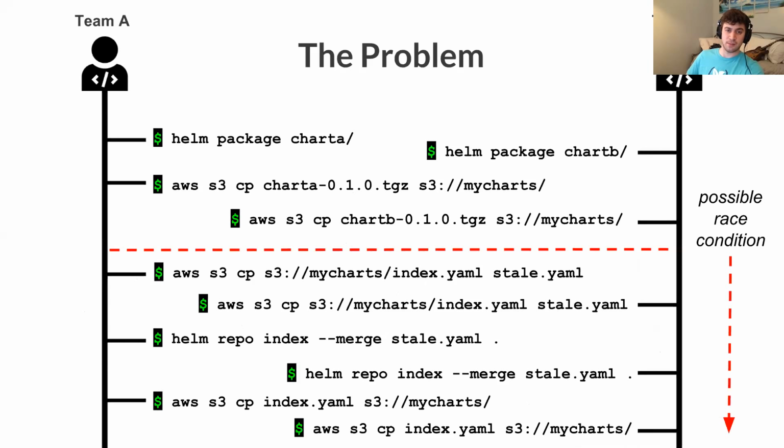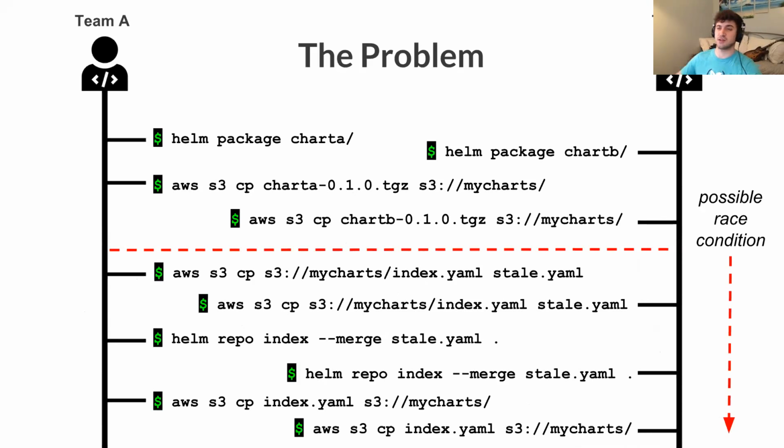So this is kind of what I was talking about, if you're, let's say, just using an S3 bucket, you may have two different CI pipelines or what have you, and you're doing a Helm package like Stef showed, and then you do an AWS copy command to put it into your bucket. Above the red line, you can see that's all fine.